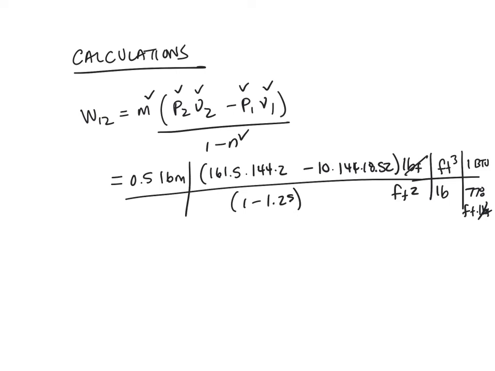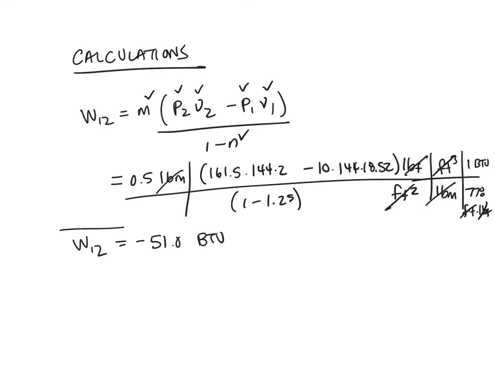And that cancels the last of the cubic feet. And it also cancels the pounds force, pounds mass cancels over here. And we should be left with just the value, which is negative 51.0 BTU.